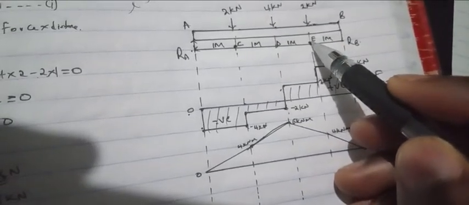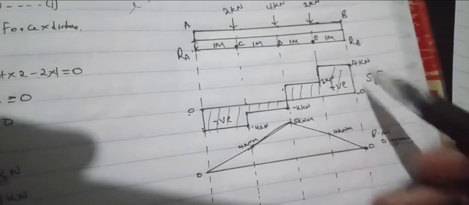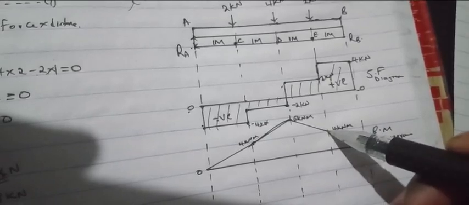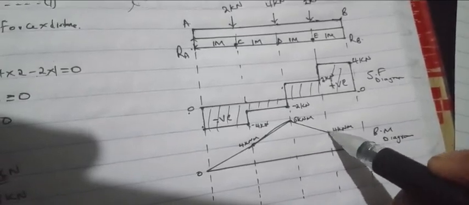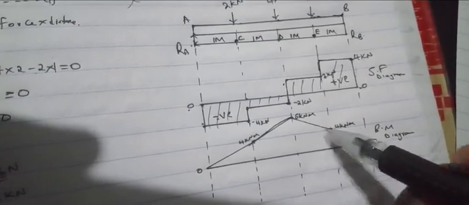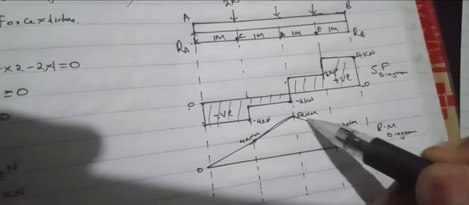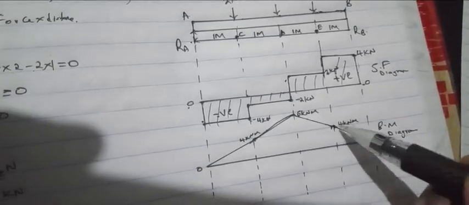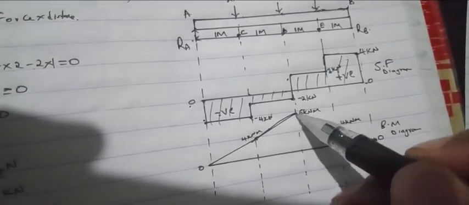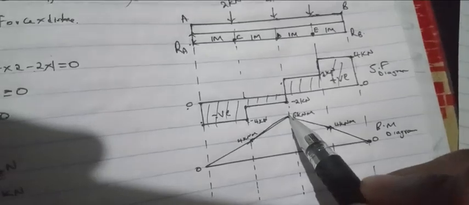Then the bending moment at point E was 4 kilonewton meter. Here it is our point E, 4. So we shall go up to 4 using an inclined line. Then the bending moment at point D was 6. We shall count 2 because from here it is 4, so we go up to 6 kilonewton meter.